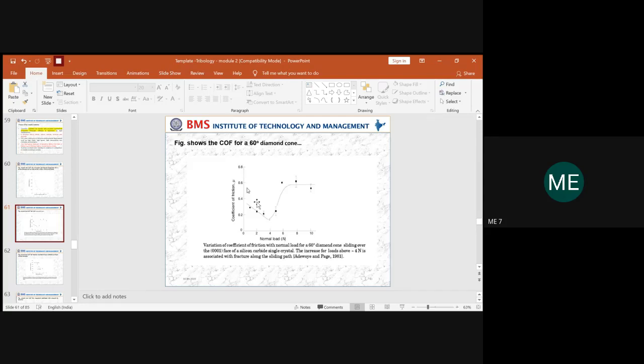Then only can you substantiate which is right, and the average value will be taken as the optimized reading. In that way all the readings are recorded, then you plot and analyze what the stabilized coefficient of friction value is for a particular material. Here in this case it is a diamond cone versus the silicon carbide single crystal.